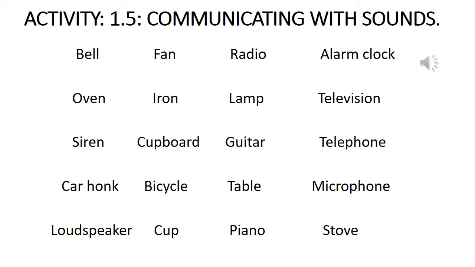Radio. Radio gives us information about what's going on around the world, so it is used to communicate, right? So radio is the correct answer, and you have to circle it. Solve the other ones given in your book on page 7.